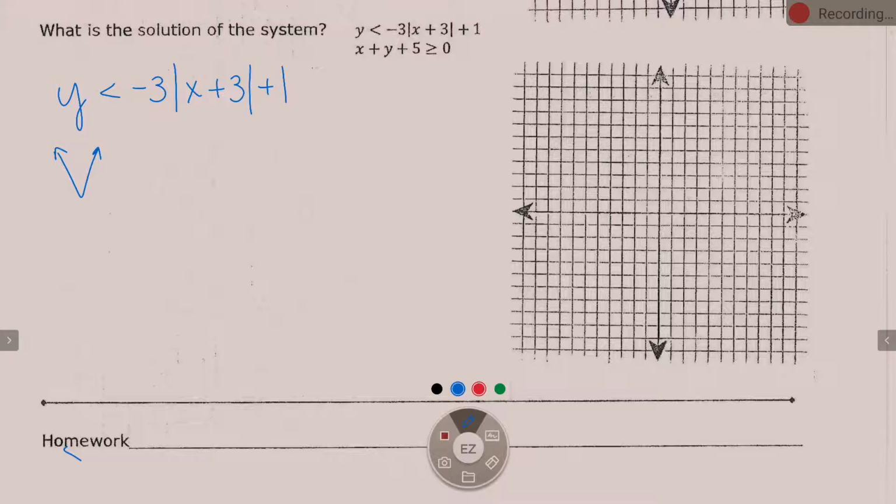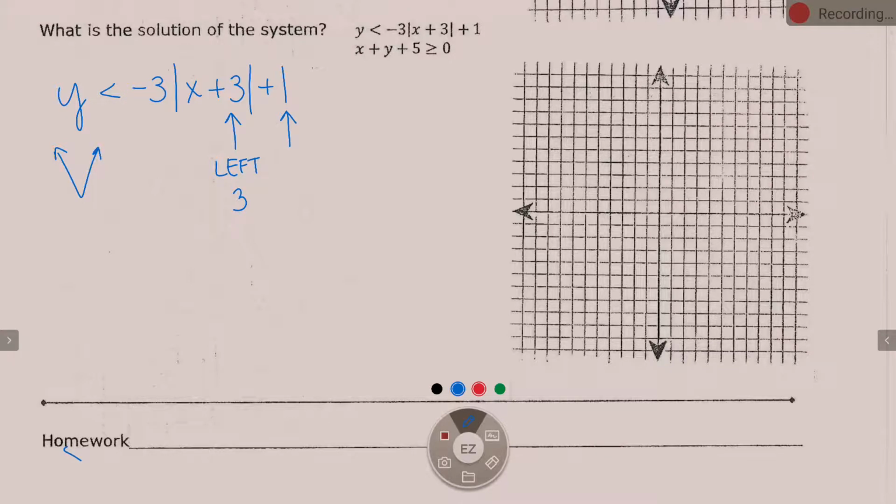What am I going to do with this V? Graph it. The plus 3 in the absolute value tells me to go where? Left or right 3, opposite the sign. Since it's plus 3, we're going to go left 3. And I'm kind of guiding you guys because I'm short on time here.